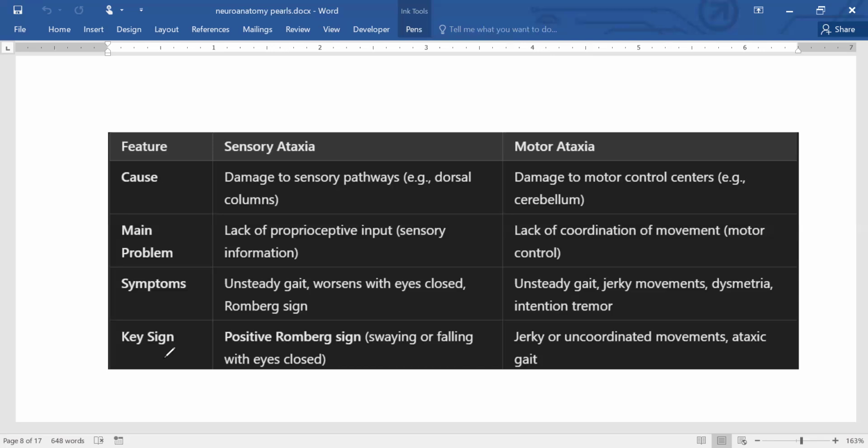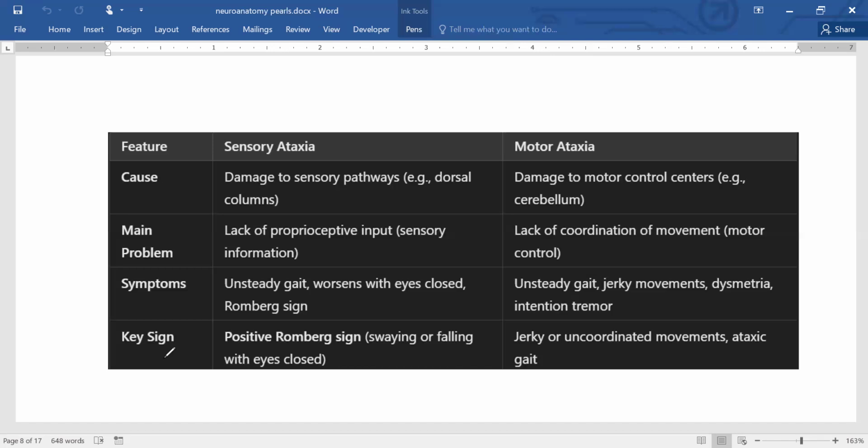Dysmetria is that the movement cannot be stopped when it reaches its point. So there is past pointing. This is known as dysmetria. And intention tremors are those tremors where, when the patient is at rest, there is no tremor. But when the patient starts working, for example picking up a cup, the tremors start.